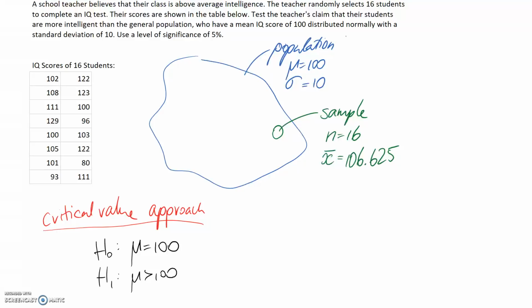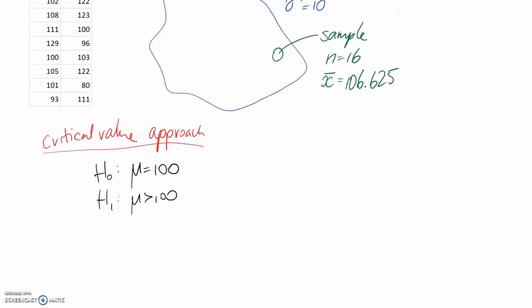Alright, so the next thing we need to do is figure out our criteria for the decision we're going to make. What is going to constitute us accepting the null hypothesis and what is going to constitute us rejecting it. So this time alpha is 5%, but what we're going to be looking at is if the critical z value, which we're going to get from this 5%, is larger than the calculated z value for our point of interest, which relates to this 106 sample mean.